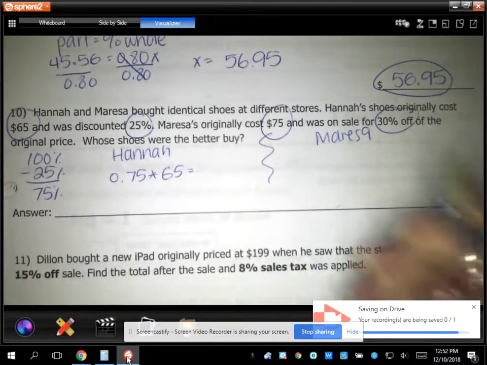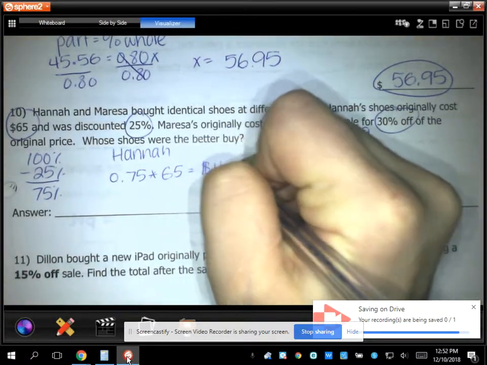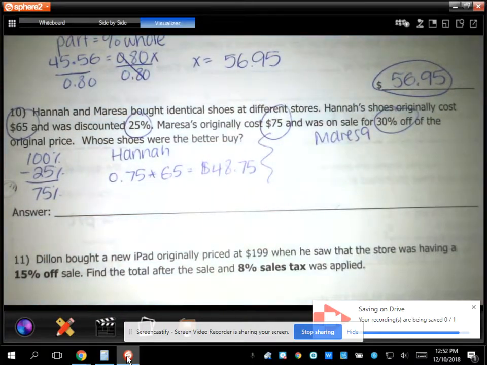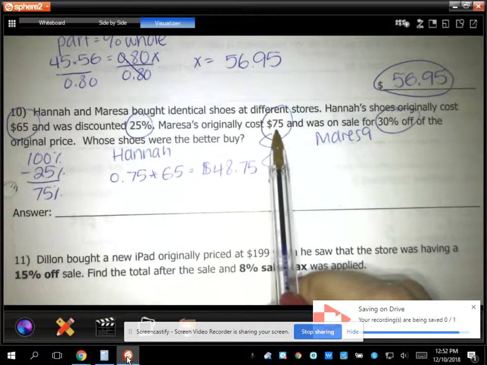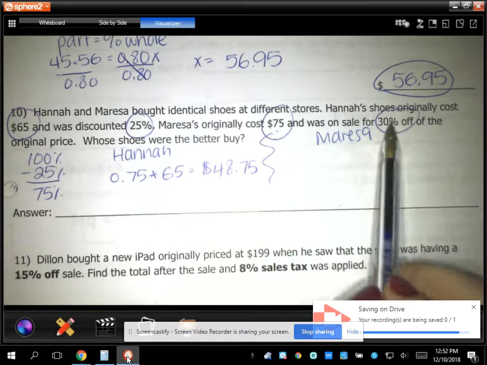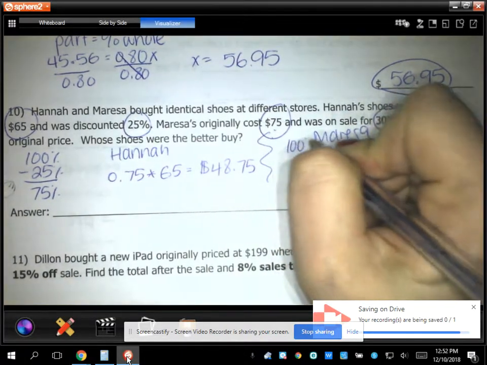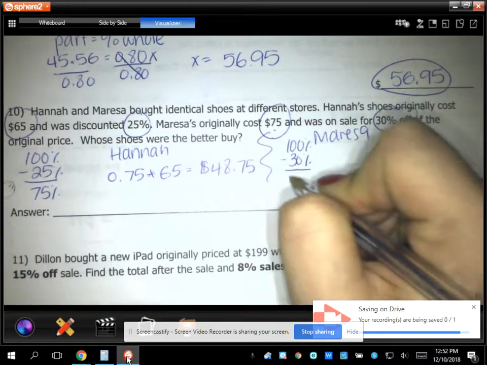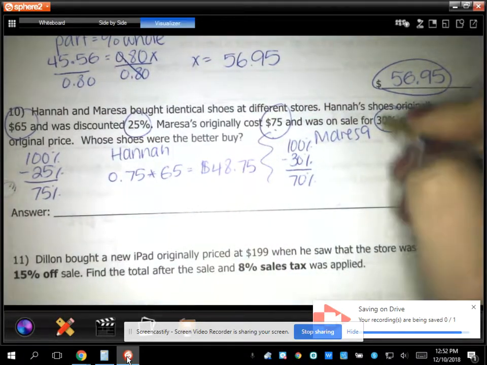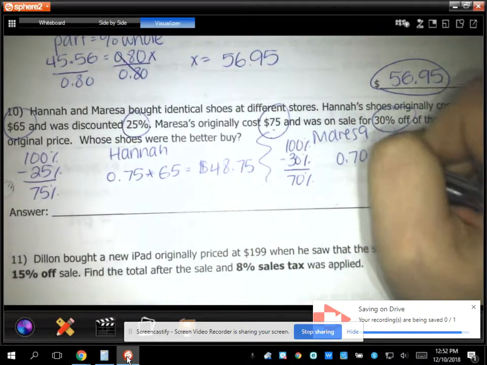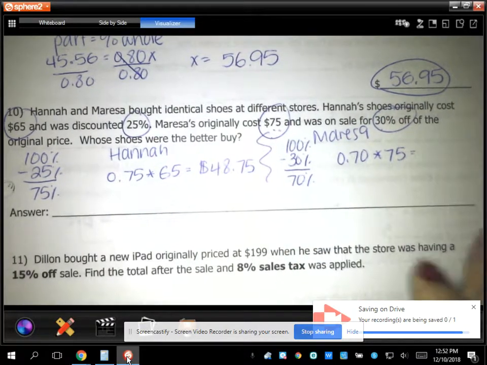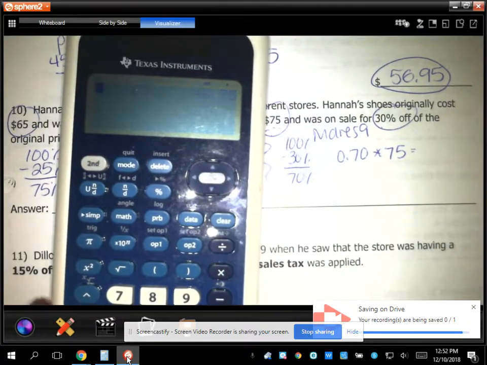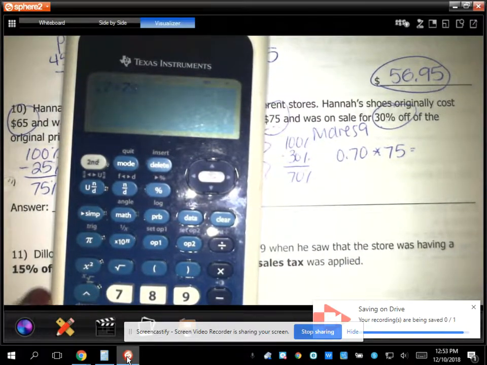$48.75. So Hannah has to pay $48.75. Now Marisa, on the other hand, her shoes originally cost $75, but they were 30% off. So if they were 30% off, that means she only has to pay 70% of the price. So we're going to do 0.70 times the price of her shoes, which were $75. And let's see how much those cost. So let's see, 0.7 times 75.